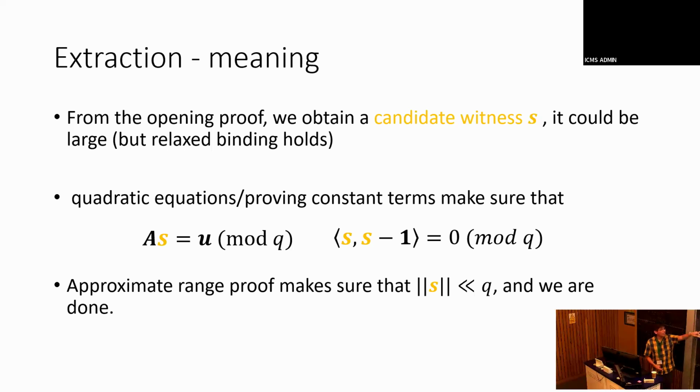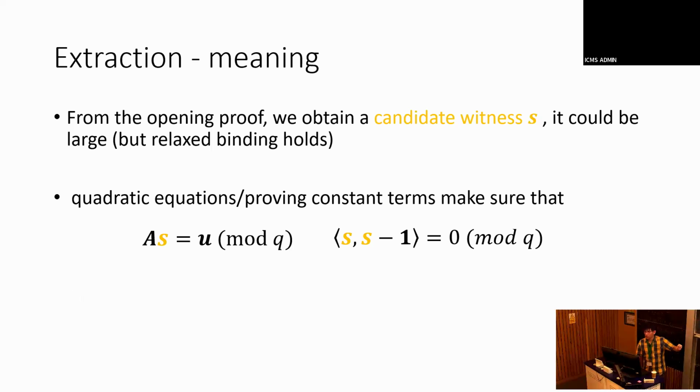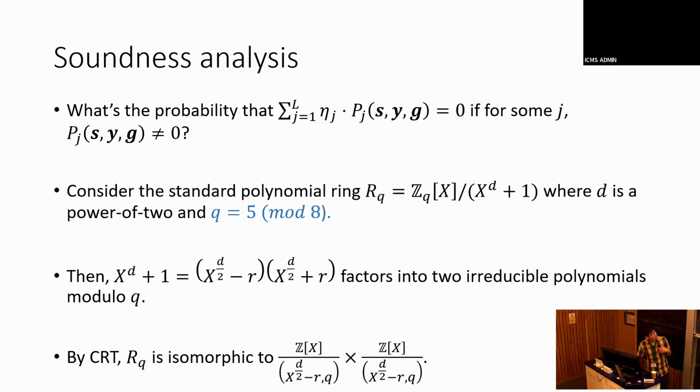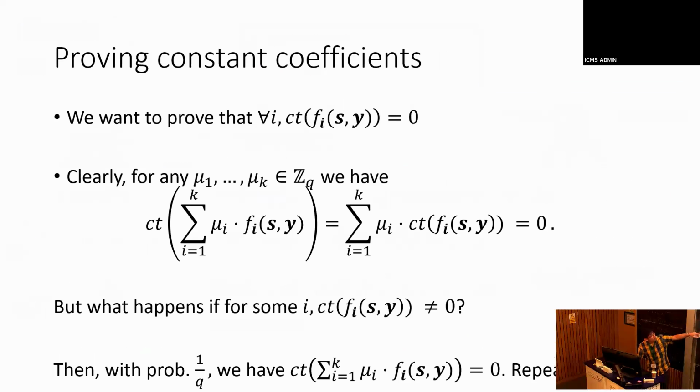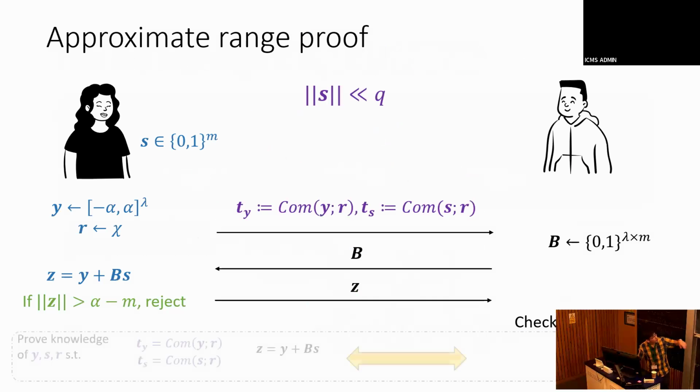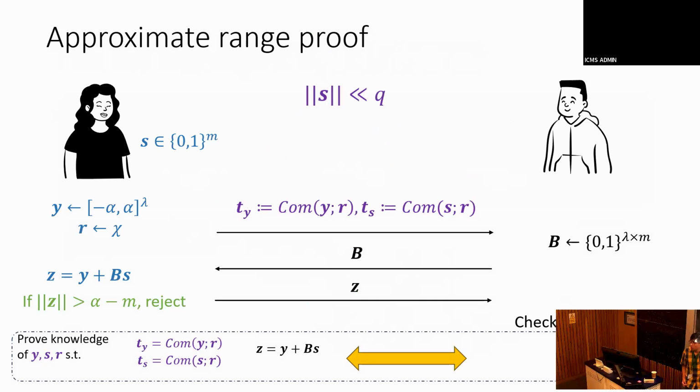Because this approximate range proof makes sure that if S was big, at the very beginning of the talk, then for random B, BS plus Y would also be big. We got the S, we didn't get the BS plus Y, no? Oh, we did. So the candidate witness is BS plus Y. Or no, the candidate witness is S. Exactly.